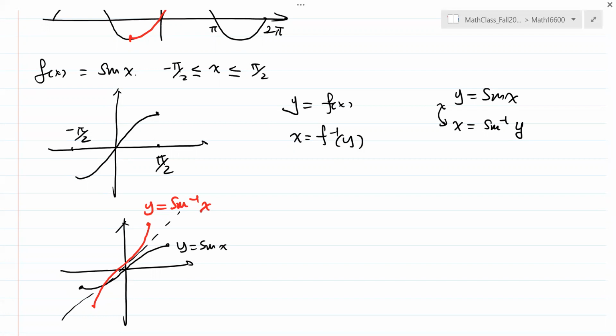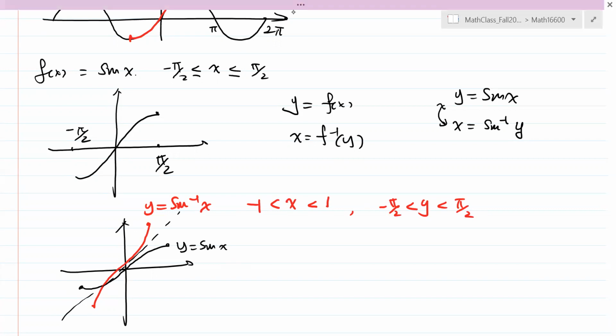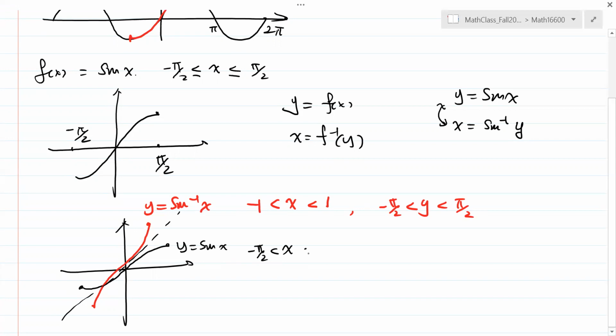Okay. Now, what is the domain for the new function? For the x value, I think it's clear that x is between this. We probably don't want to include the end point, okay? x is between negative and positive 1, okay? For this function, y is between negative pi over 2 and positive pi over 2. But for the original function, here x is between negative pi over 2 and positive pi over 2.